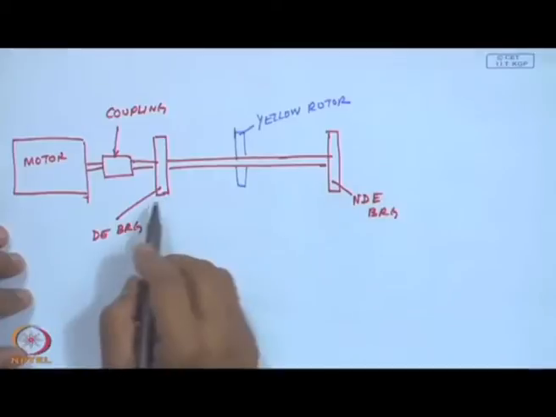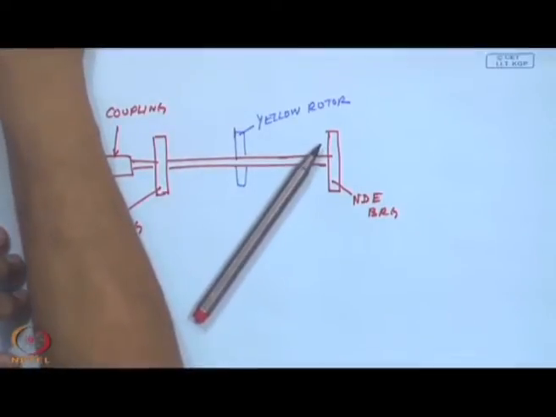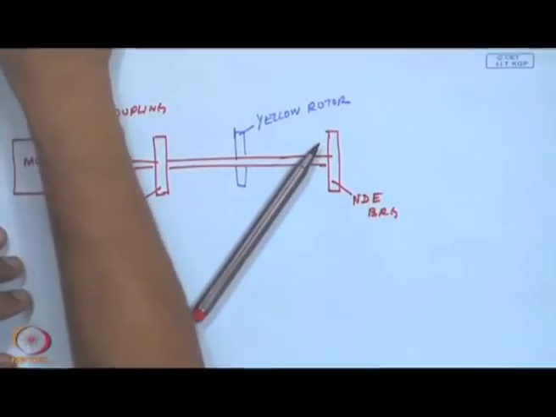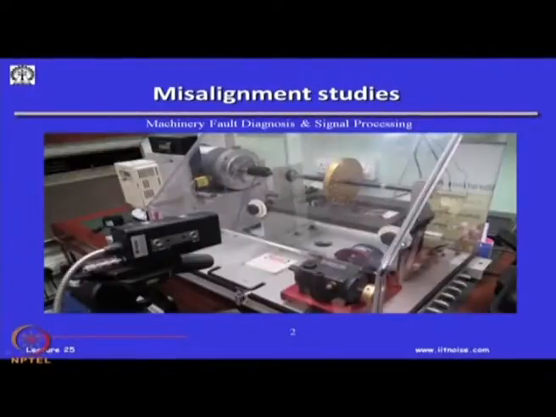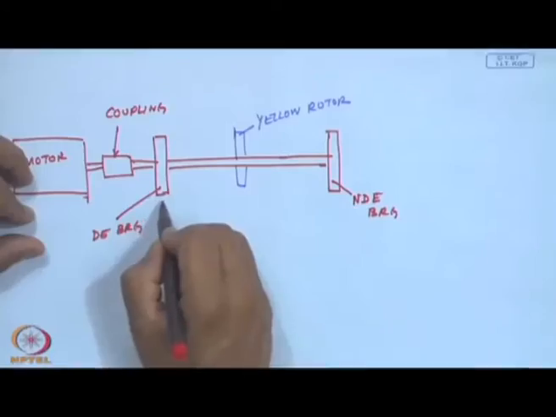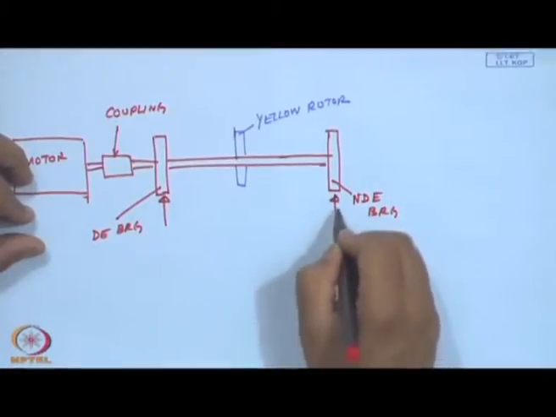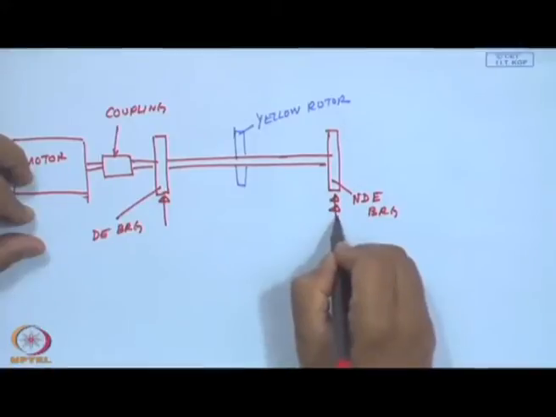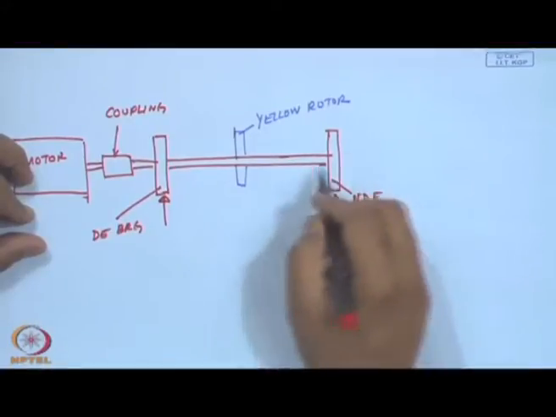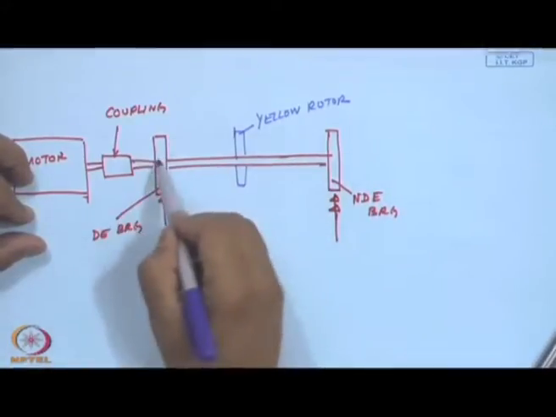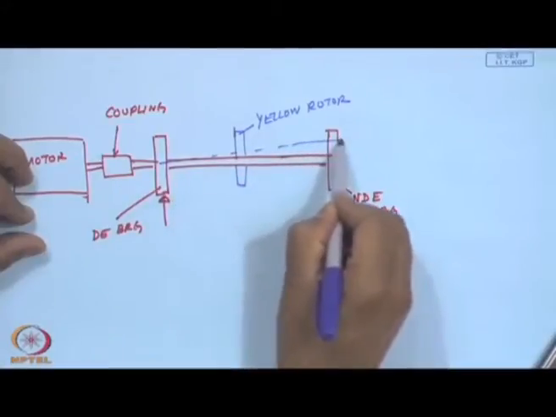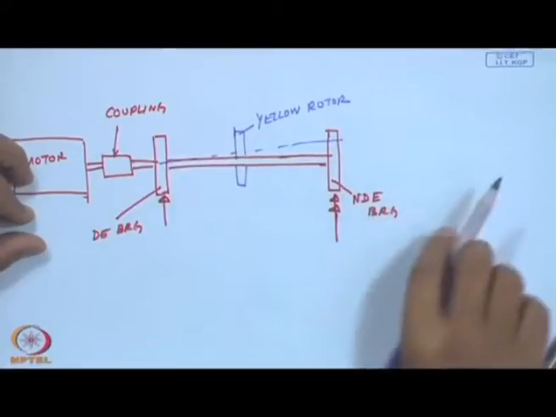You will see these two white dials here, and they could be turned. I can force this, move it, so that I will create an angular misalignment.